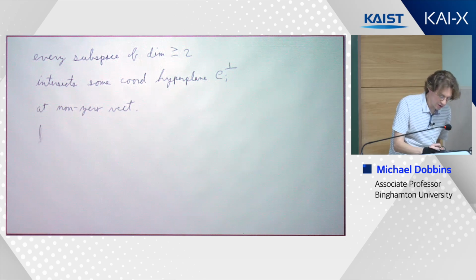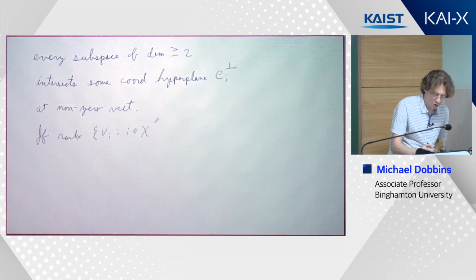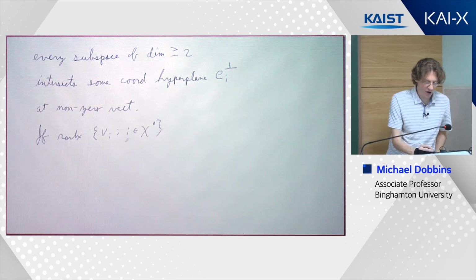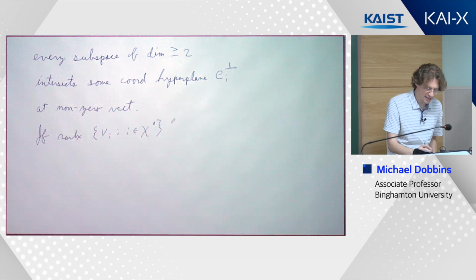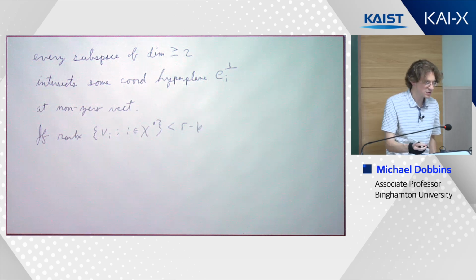So here, suppose we had that the rank of the vectors that are outside of the support of our x was less than r minus 1.